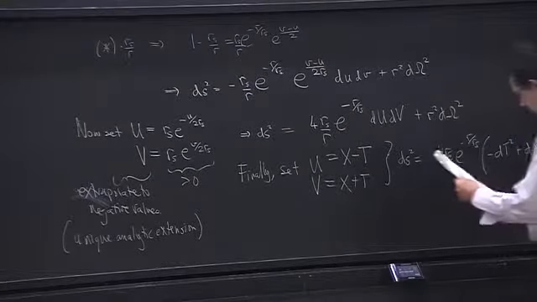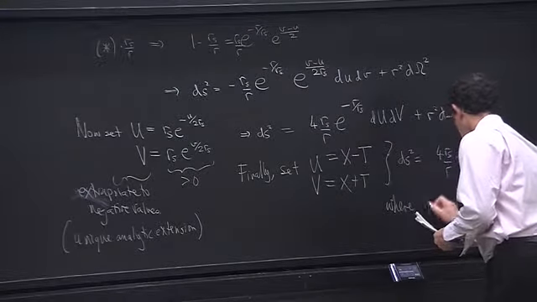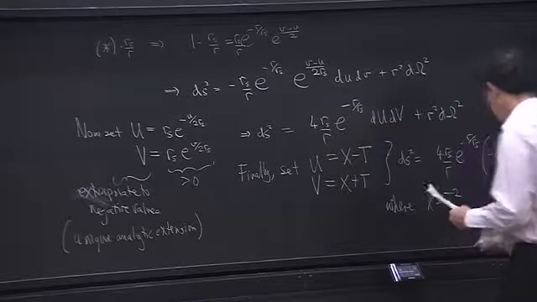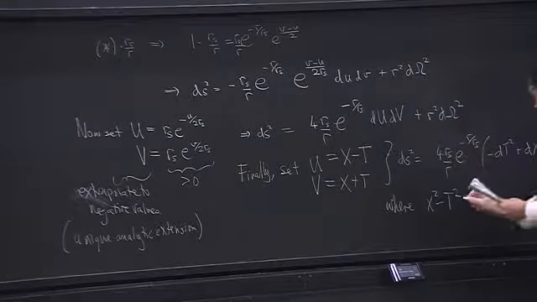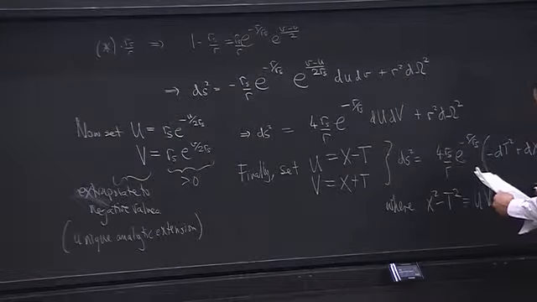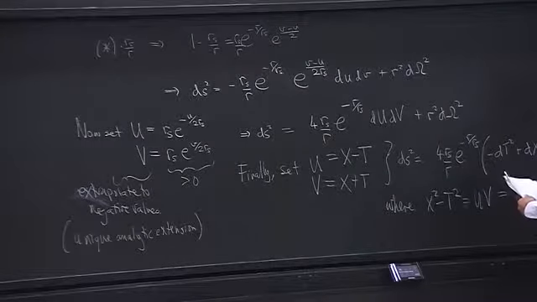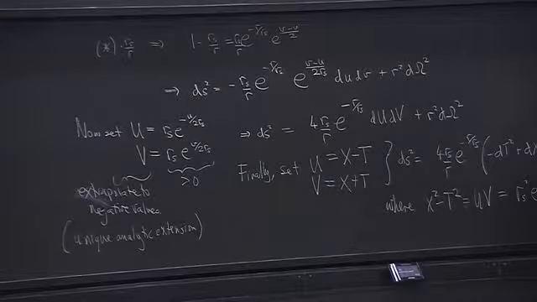Where x squared minus t squared is equal to UV, which is equal to Rs squared e to the v minus u over 2Rs, which is equal to Rs squared e to the r over Rs times r over Rs minus 1.